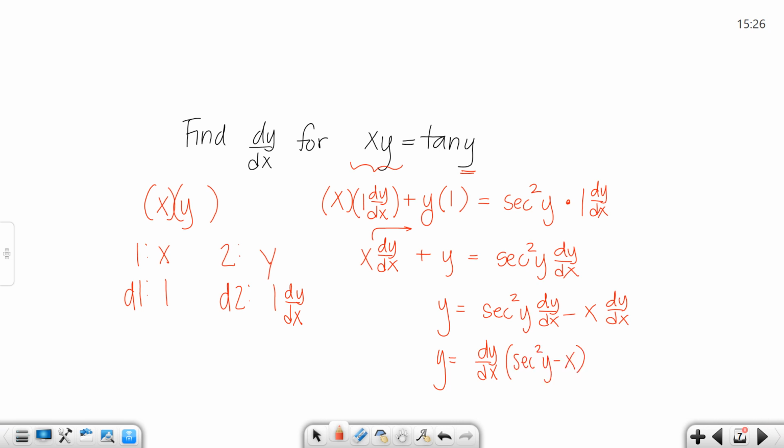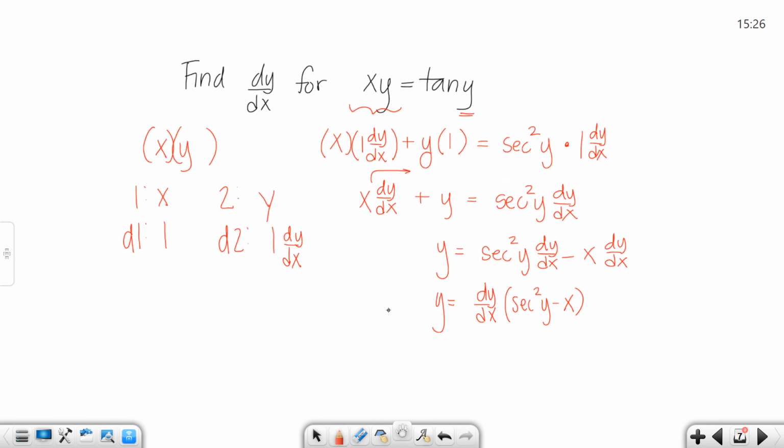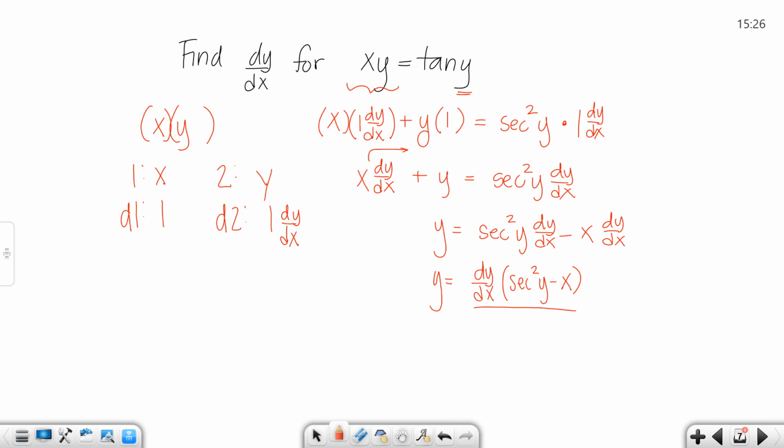When I take the dy dx's out, it leaves me with secant squared of y minus x. Divide both sides by secant squared of y minus x to cancel it out, and dy dx would equal y over secant squared of y minus x.